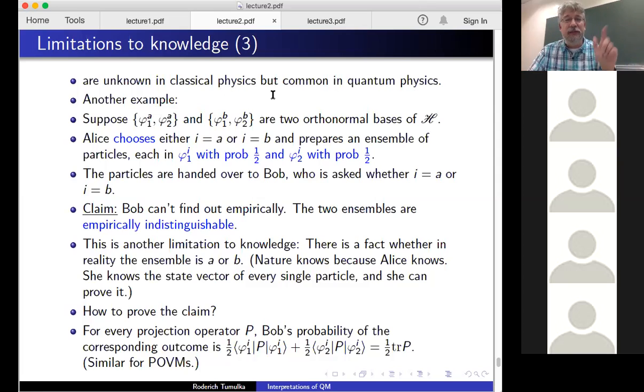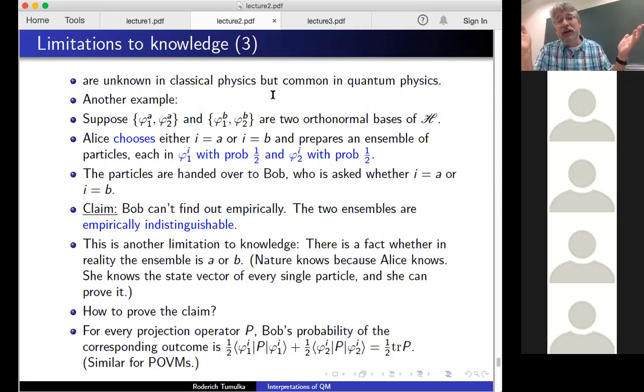Now Alice chooses either A or B and prepares an ensemble of particles of the following kind. In her basis, she prepares half of the particles with one basis vector as the state and half of the particles with the other basis vector as the state.